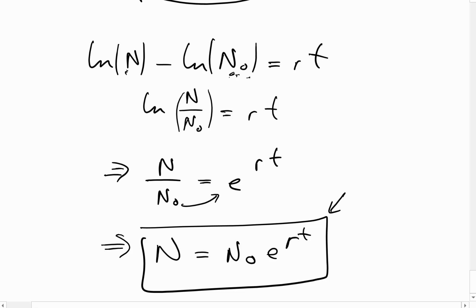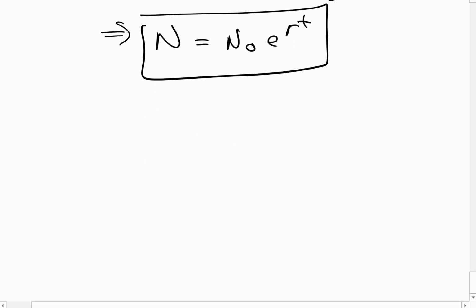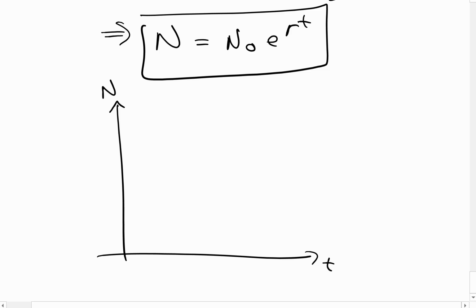All right, but this actually is flawed in one really vital way. At the moment, this model here, this is n, this is t, is basically saying that my population starts at n naught and can keep growing exponentially in an infinite manner.